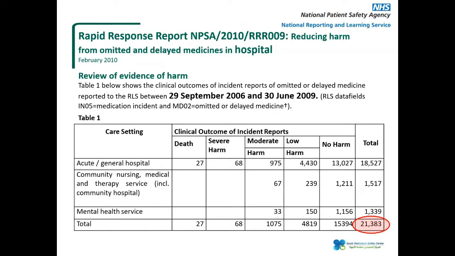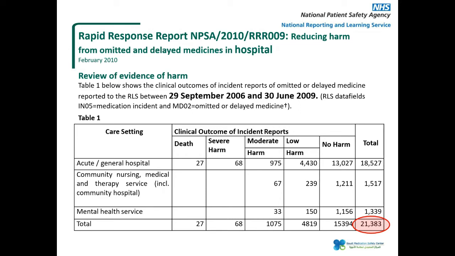So these can be potentially very serious. This is a report from the UK, and over 3 years, between 2006 and 2009, 27 deaths and 68 severe harm incidents resulted from omitted or delayed medications.